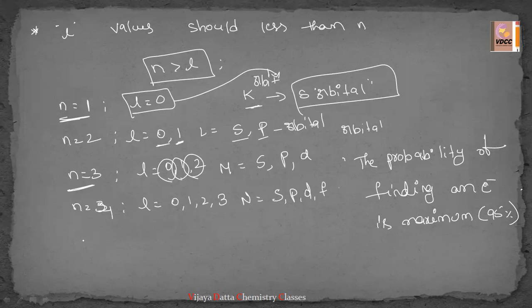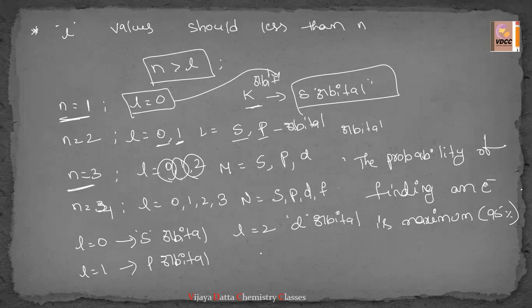And here, guys, we should remember that when L equals 0, that is called s orbital. When L equals 1, that is p orbital. L equals 2, d orbital. When L equals 3, that is f orbital.